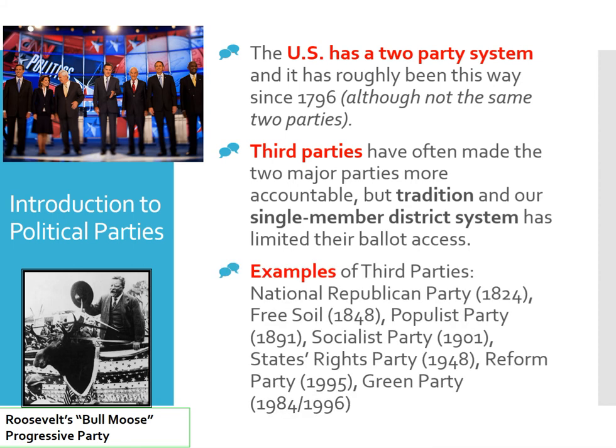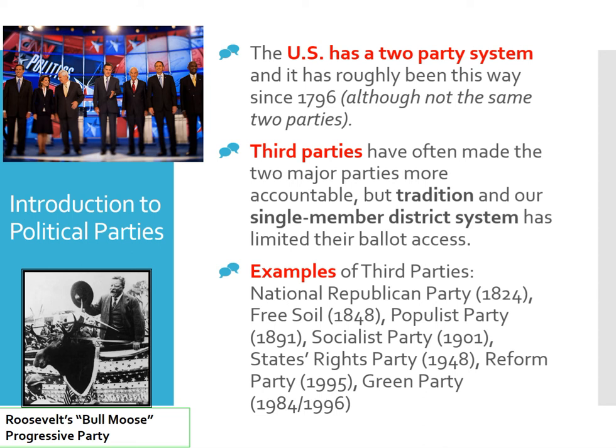But there's a range of these parties. The National Republican Party had a very short life in 1824. The Free Soil Party in 1858 merged with the Republican Party, a party that essentially wanted to argue against slavery, free meaning soil free of slave labor.